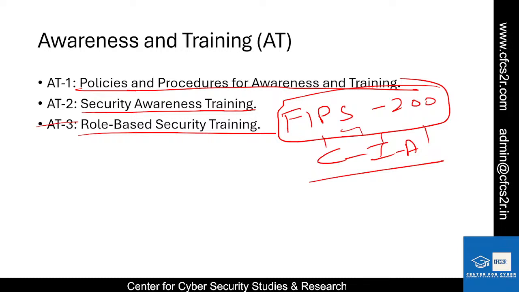Contractors must also get training, because sometimes they don't even know that the system is being impacted by malware embedded in what they supply, since they don't have the capability to detect it. So we must give training to the contractors also.